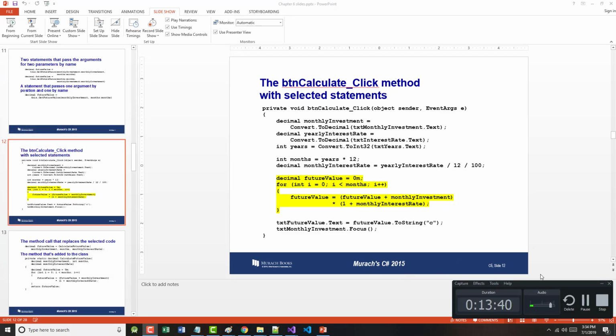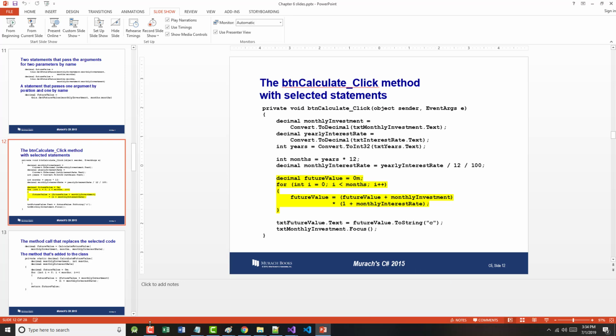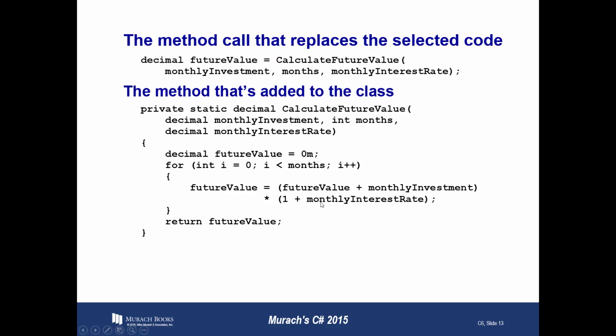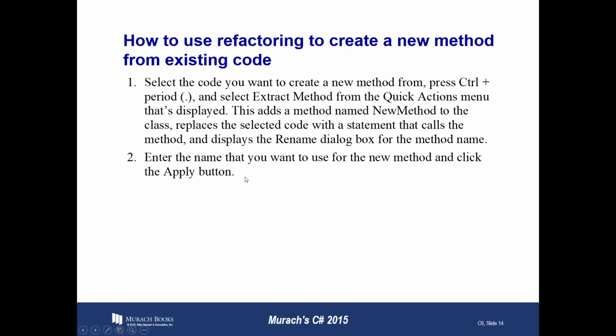See if I've got enough time to quickly go over a couple more things in this chapter. How to use refactoring to create a new method from existing code. I would recommend that when you're doing this, don't use shortcuts unless you have to.